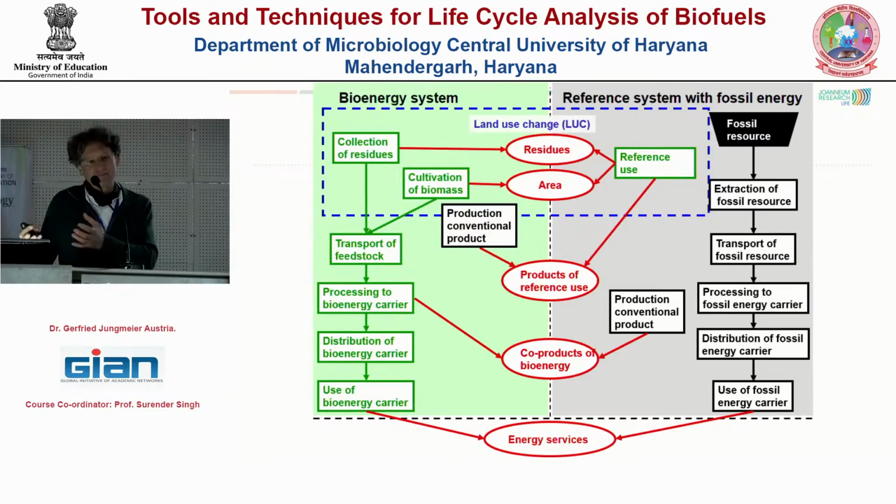Or if it was a forest and you convert a forest to grassland or to agricultural land, you also have a change in the carbon stored on this piece of land. This is called land use change, and it might also have a strong impact on the overall bioenergy system, and we will discuss that when we talk about the impact category of land use and land use change.